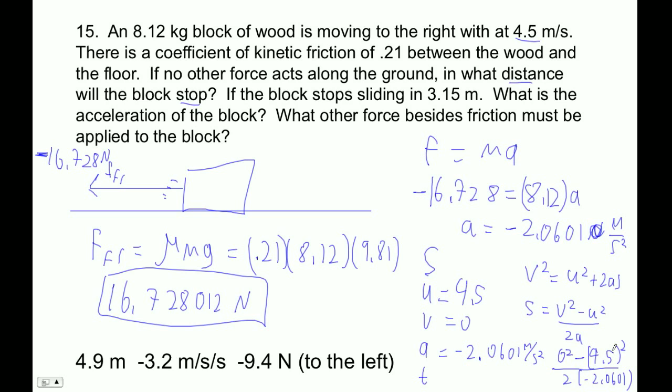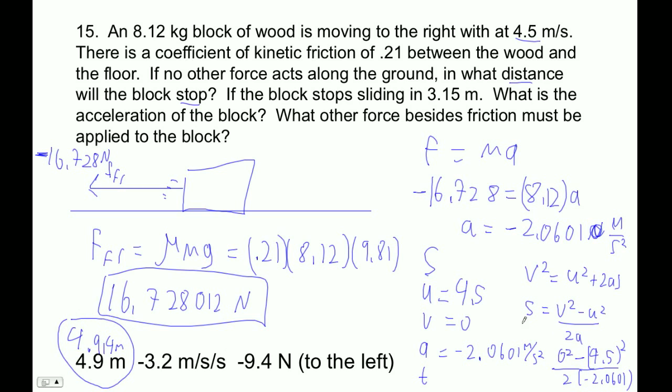And that is not the answer I'm getting here. Okay, because my answer wasn't right. So 4.5 squared divided by 2 divided by 2.0601. There you go. I'm getting 4.914 meters. All right, good enough.